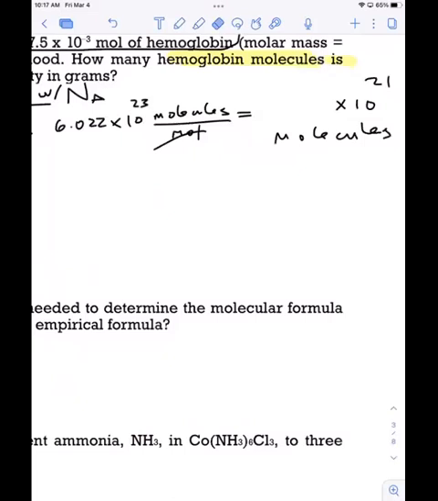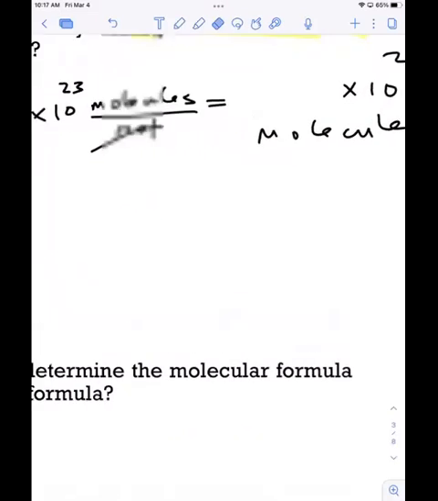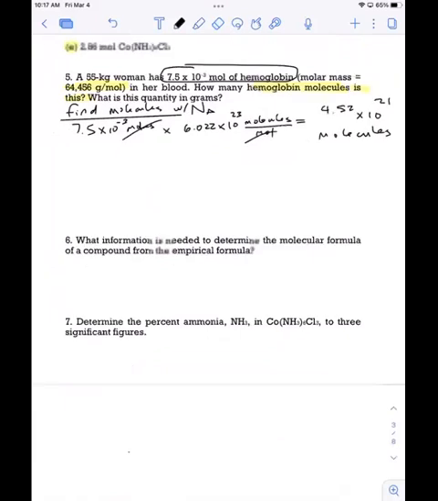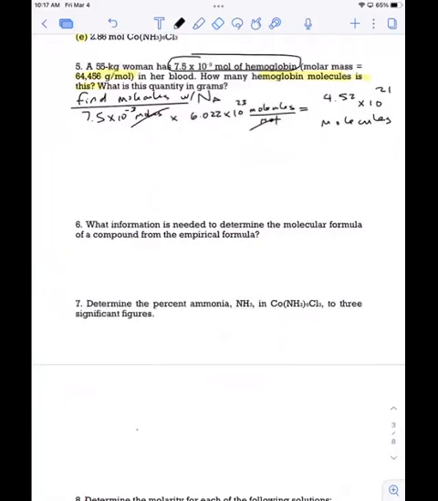Yeah, I got 4.5165. All right, so we're going to go with 4.52 times 10 to the 21st molecules. That's my bad. All right, so now we know the molecules.